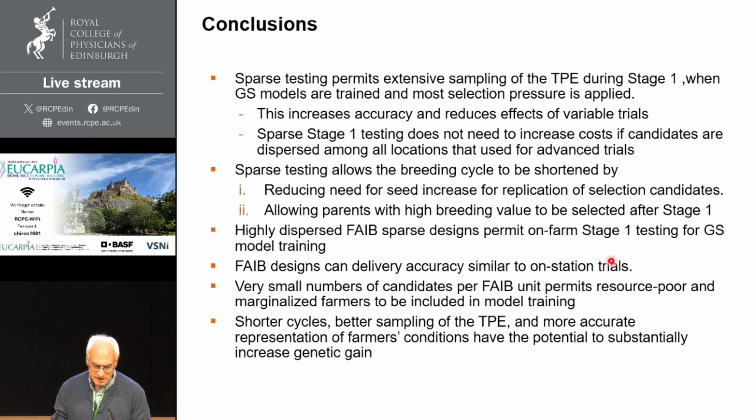We see that, generally speaking, the accuracy estimated from these farmers' incomplete block designs is a little lower than you get on good research station trials, but it's not massively lower.